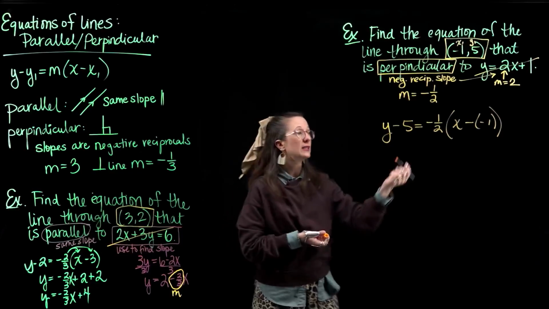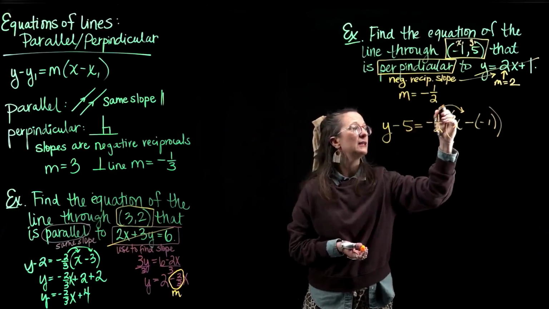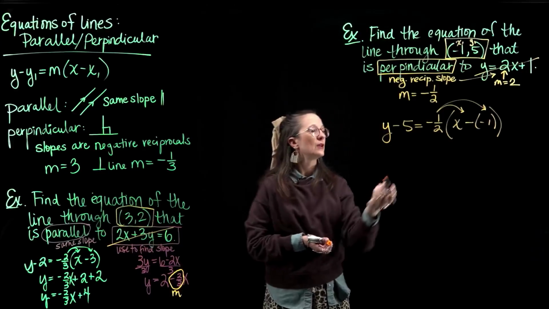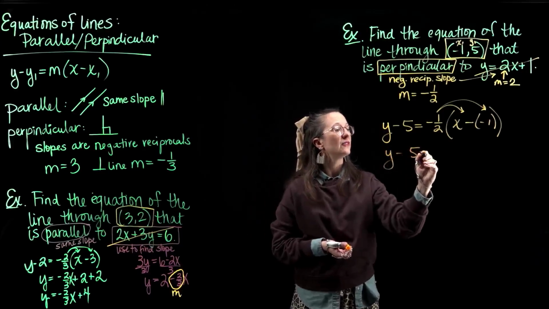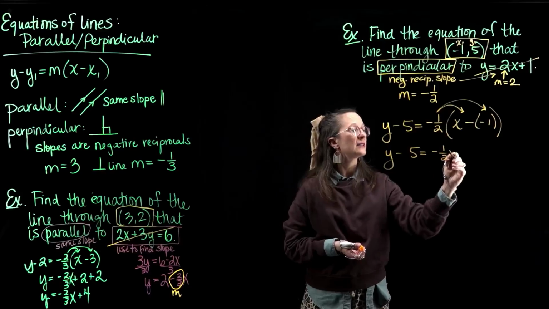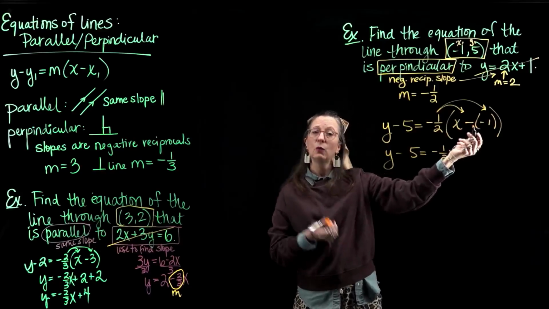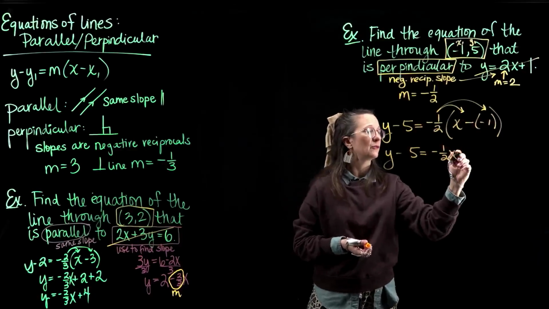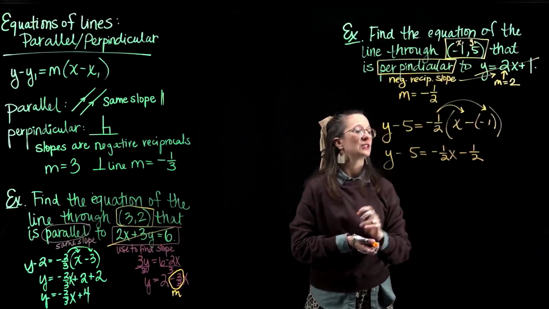I'm going to distribute this -1/2 to the right side. So y - 5 is -1/2 x, minus the negative 1 is a positive, times -1/2 is just -1/2.